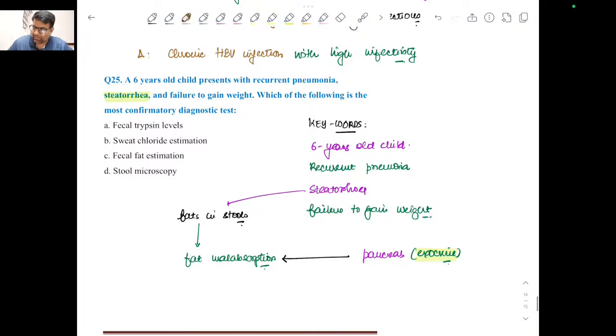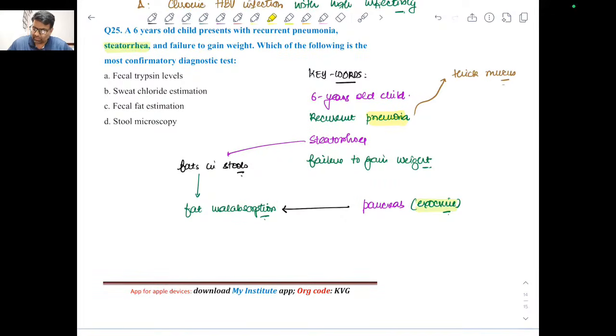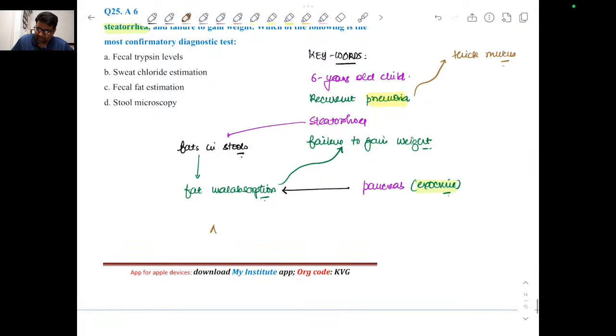Number two, the patient is having recurrent pneumonia. Now what is the reason for this? This is because of thick mucus, right? That's why the patient is having lung infections again and again. And because of this malabsorption, the patient is not gaining weight. So this is how you will understand the spectrum of the condition, and this condition is cystic fibrosis, where the secretions are thick.